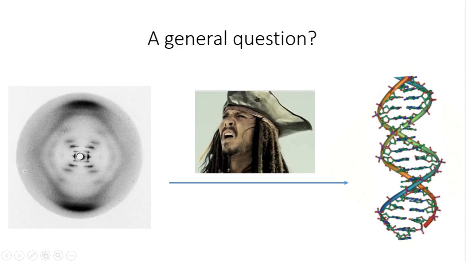The model of this DNA definitely doesn't look anything like what is shown in the diffraction pattern. So there must be some procedure that lets people build a model like this, starting from a diffraction pattern that might look like this.